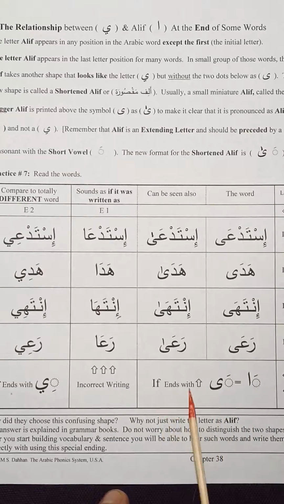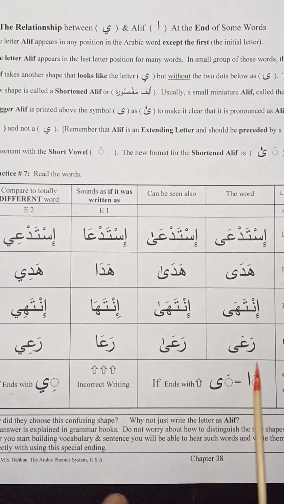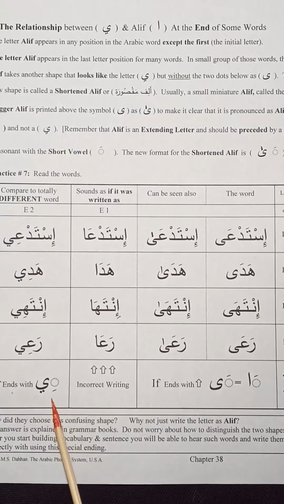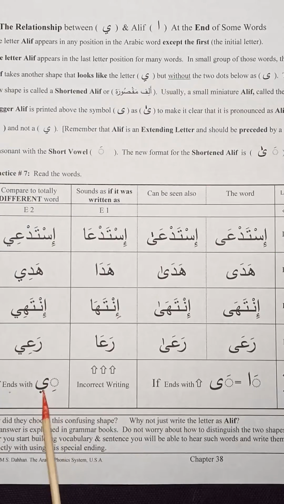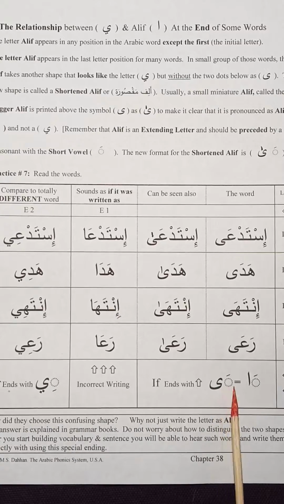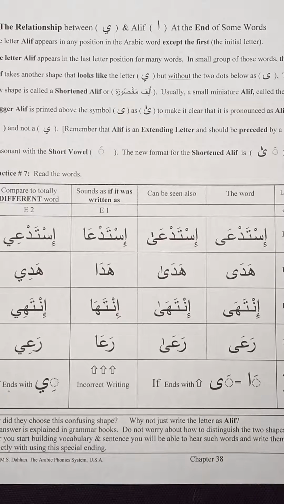Okay, if it ends with that, that's what we're talking about. If it ends like this, it will be equal to that. But here it ends with the extending letter, this one. There is E, and this becomes E. Here it's A. It's like this one.